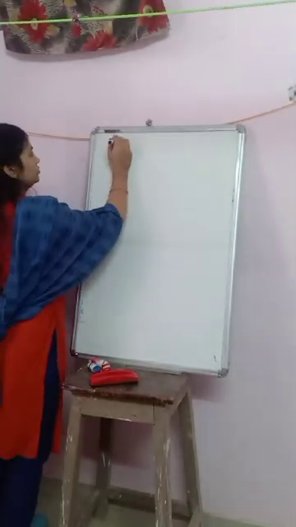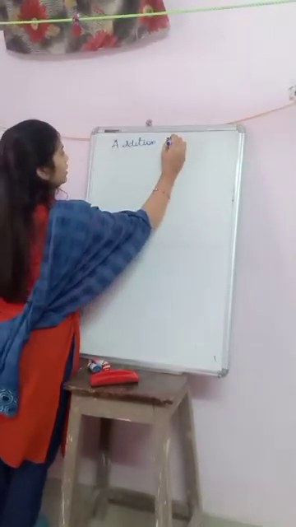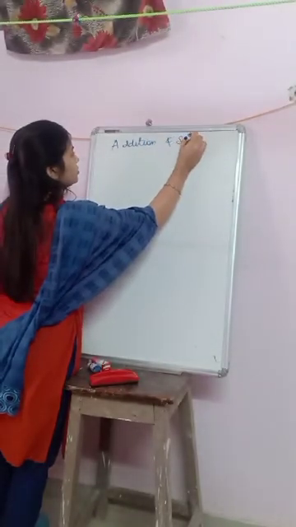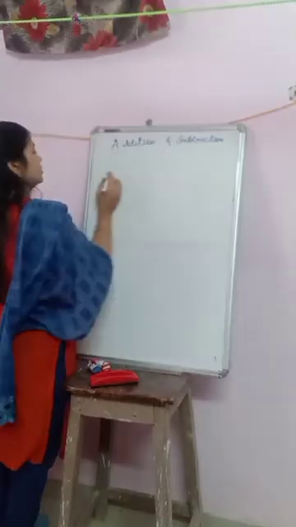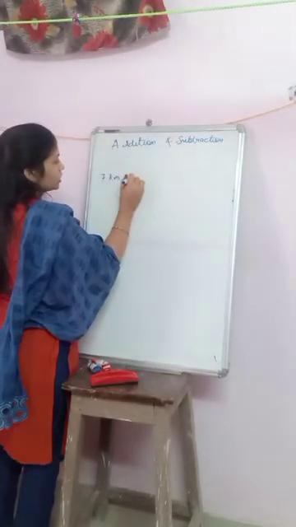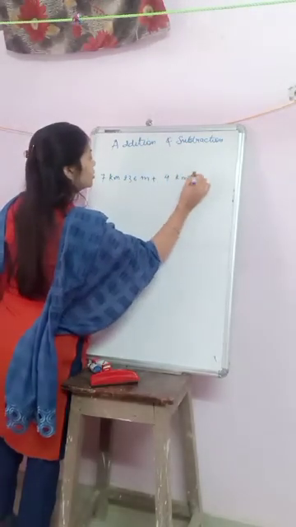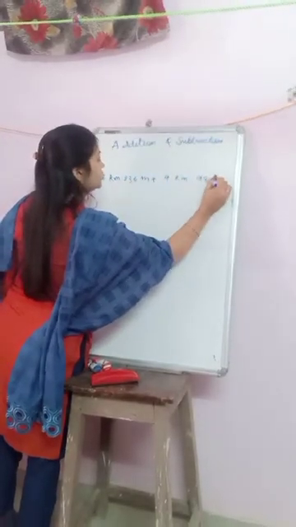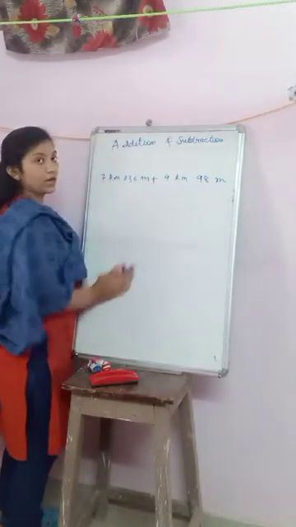Addition operation and subtraction. For example, 7 kilometer 236 meter plus 4 kilometer 98 meter. We have to do the addition, for that we have the addition symbol.